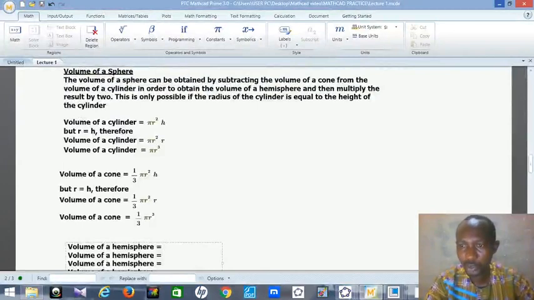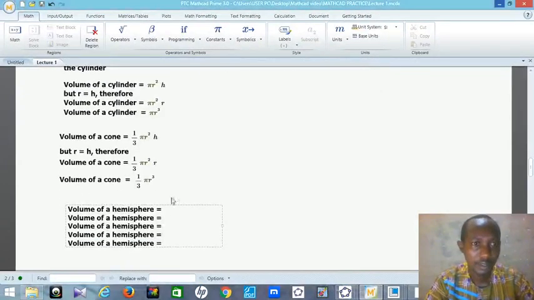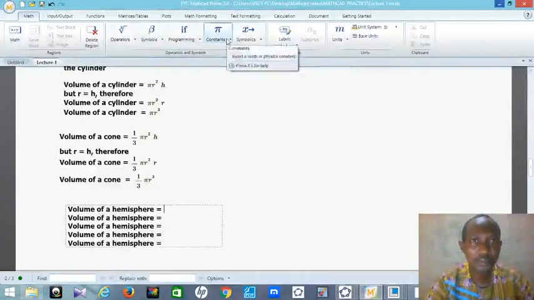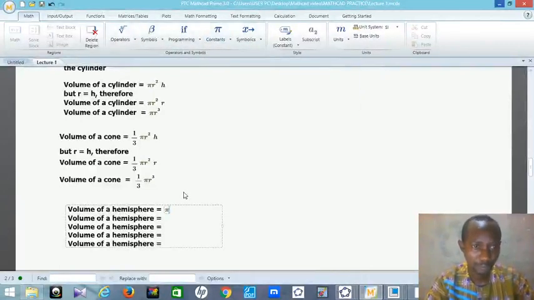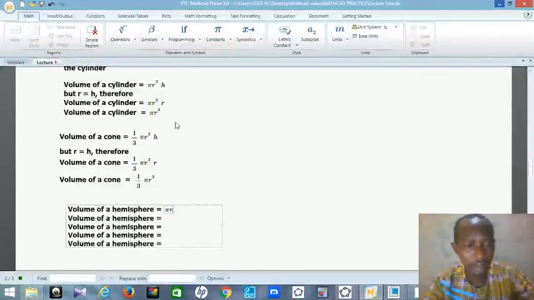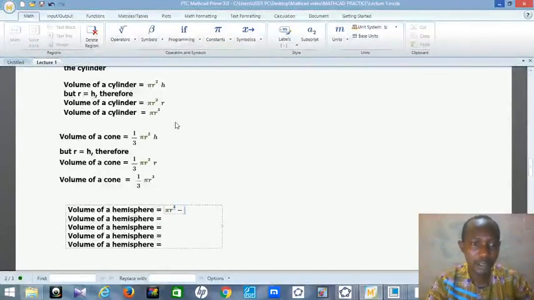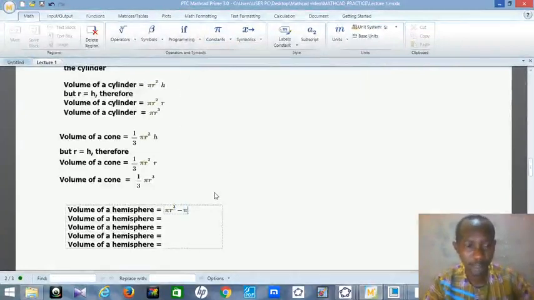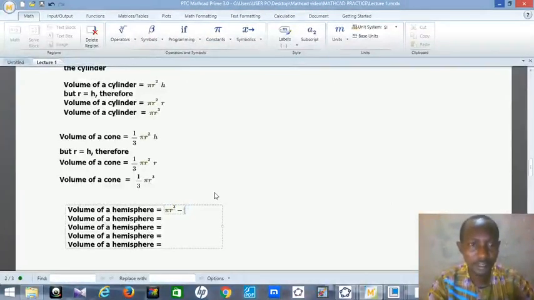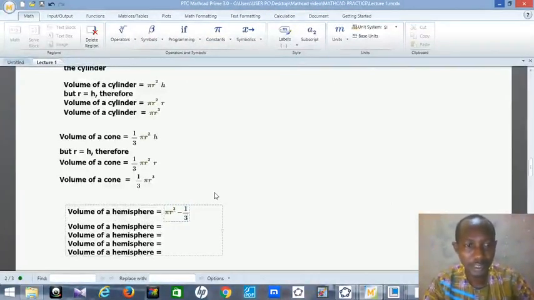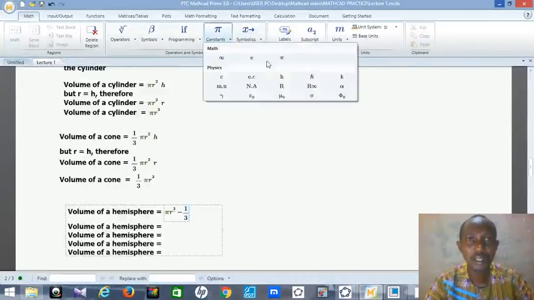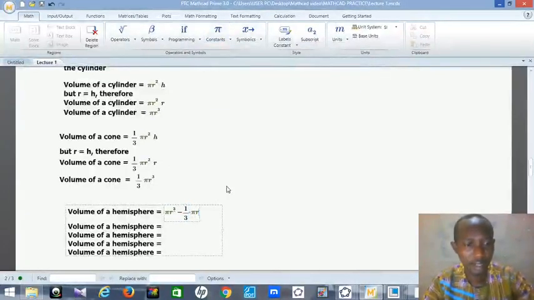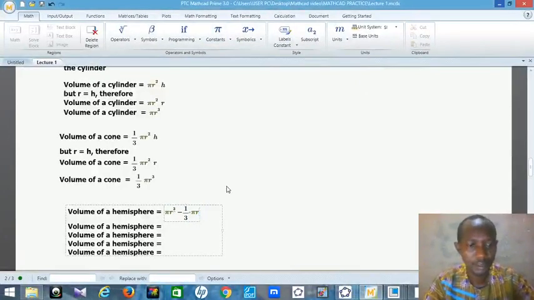So all I just need to do here is to say the volume of the cylinder, pi r cube, minus the volume of the cone, 1 over 3 pi r cube.